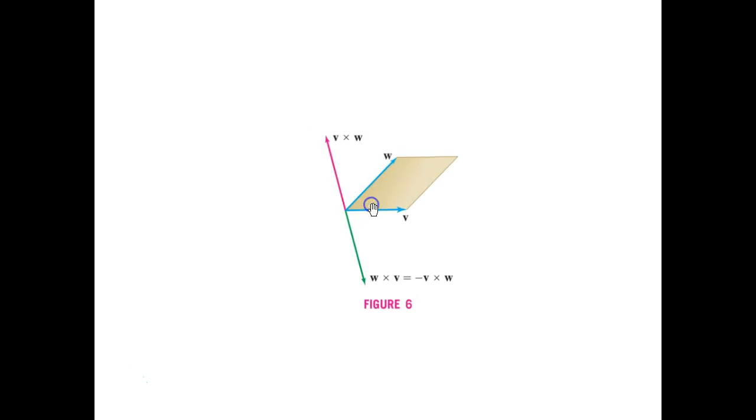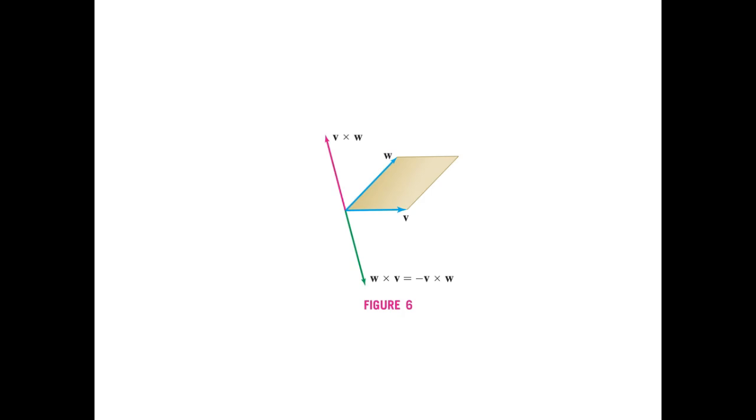This illustration here is also covering what we were just talking about. There's the V cross W. If you point your fingers with the right hand outward toward V, cross them toward W, you're going to be pointing upward, so V cross W is pointing upward.